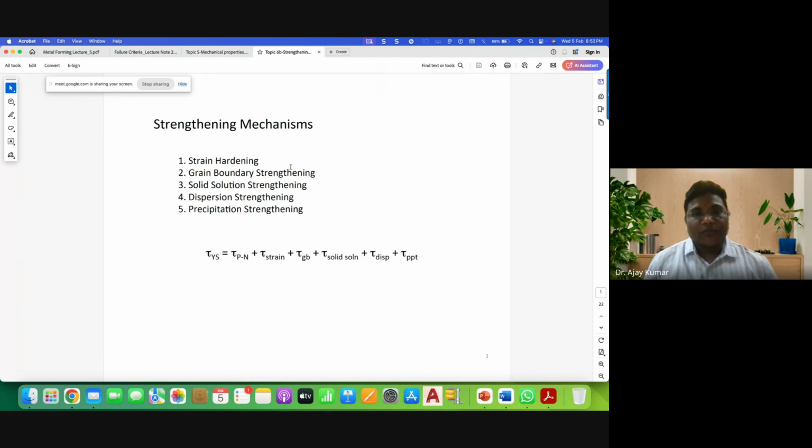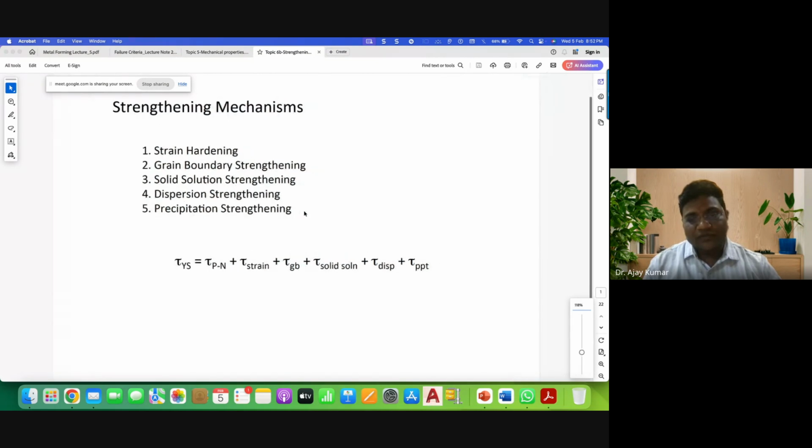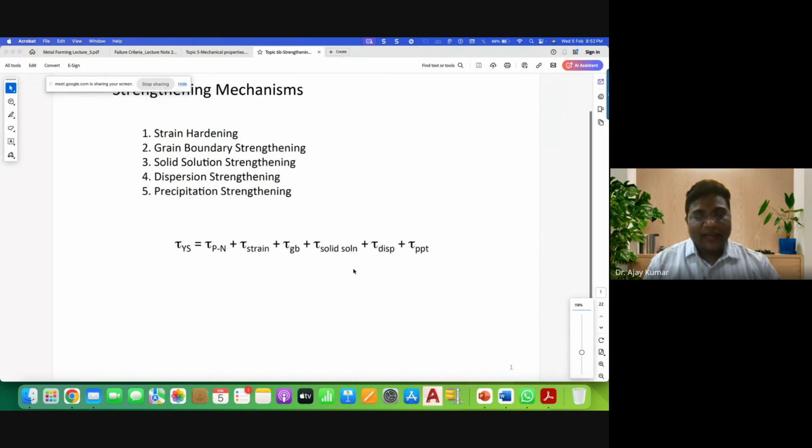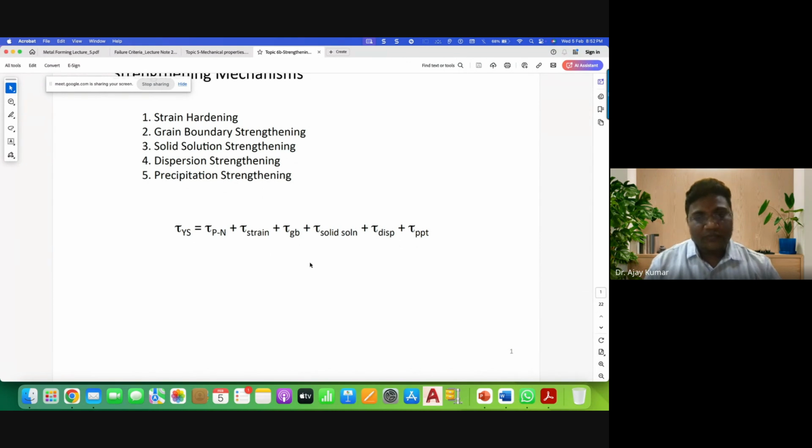So there are five strengthening mechanisms. One is strain hardening, then we have grain boundary strengthening, solid solution strengthening, dispersion strengthening, and precipitation strengthening. This is how we understand the different types of strengthening mechanisms, and we represent them in this form.